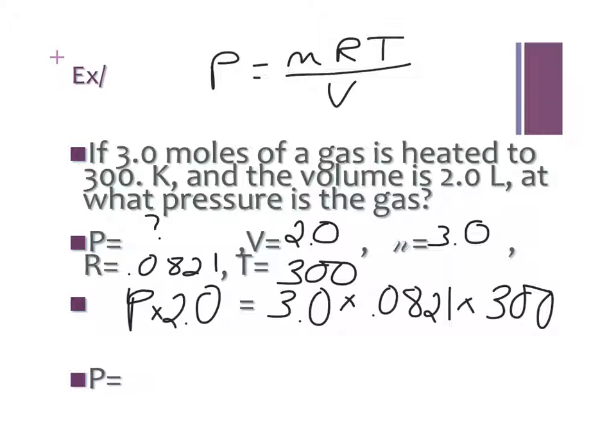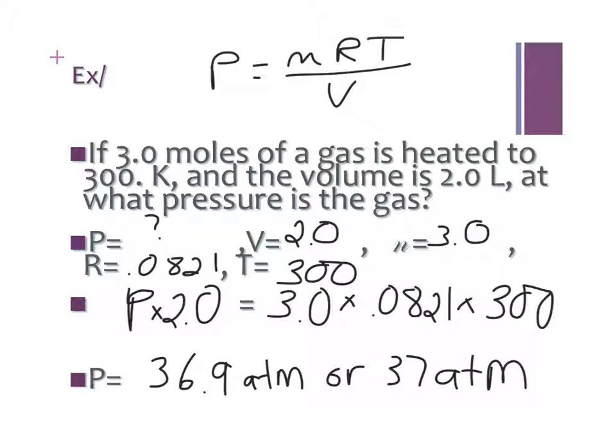ATM is usually measured to the 10th on here. They did only give us 2 sig figs, and sometimes they're only going to give you 1 sig fig, like only say 2 liters. So in here I would either take 36.9 ATM, or I'd be fine if you round it to 37 ATM. Either one's okay here.